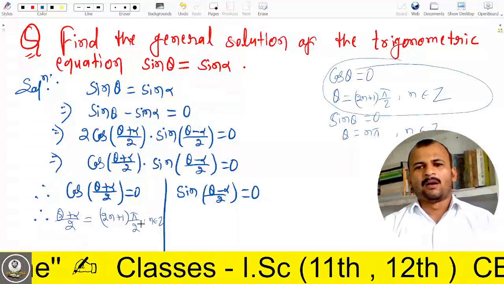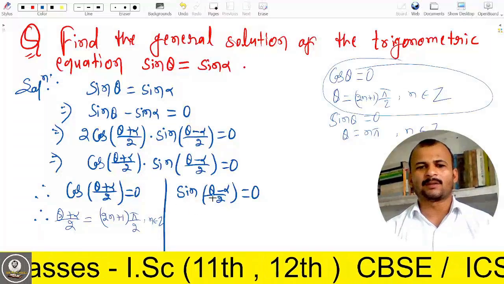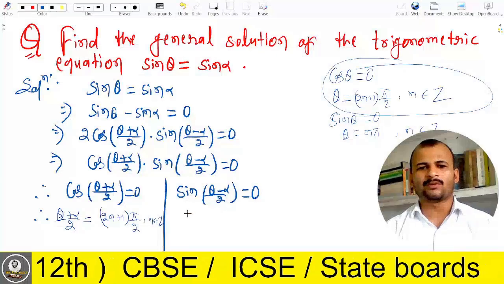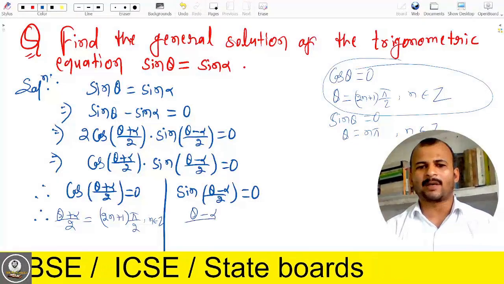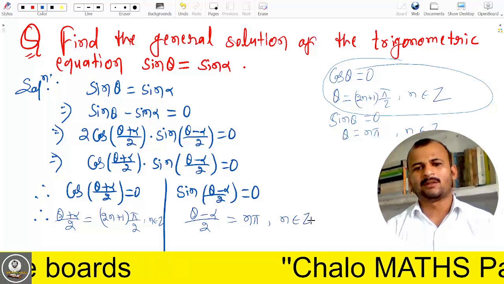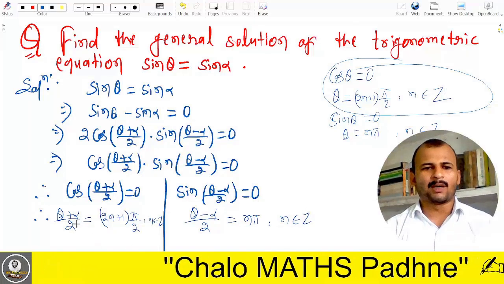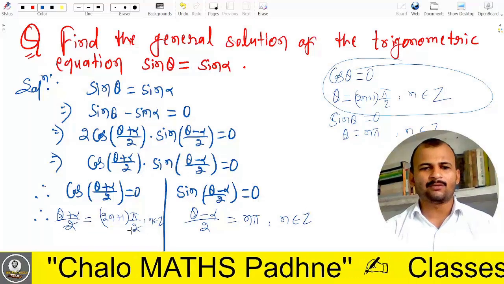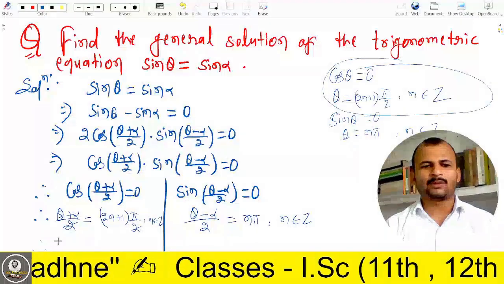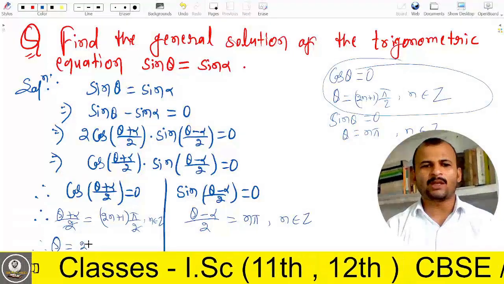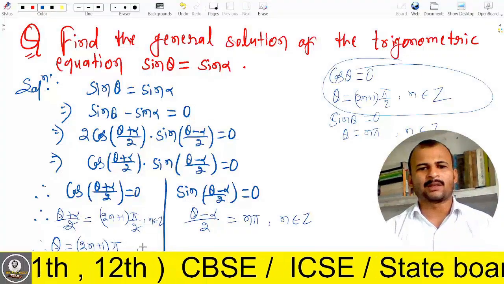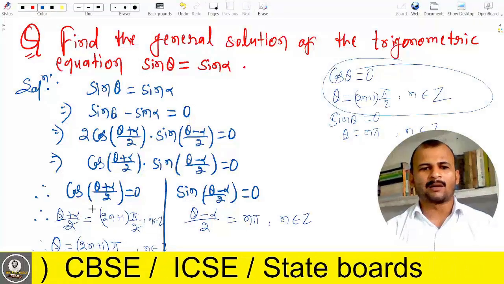And in the equation sin((theta minus alpha)/2) equals 0, we can write (theta minus alpha)/2 equals n pi, where n belongs to Z. Now by multiplying both sides by 2, we get theta plus alpha equals (2n plus 1) into pi.